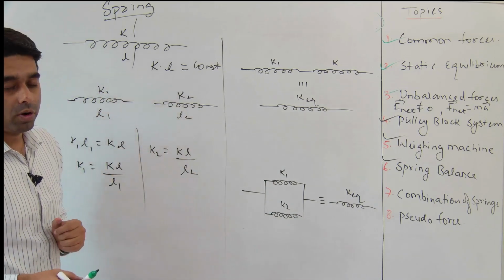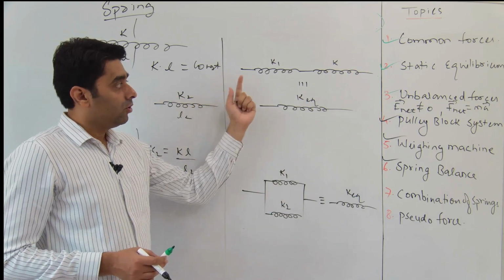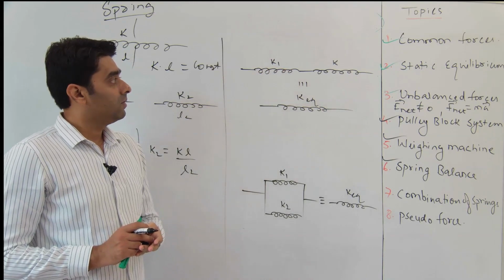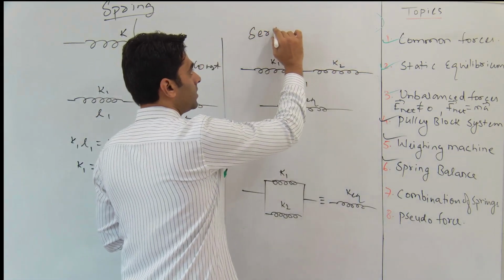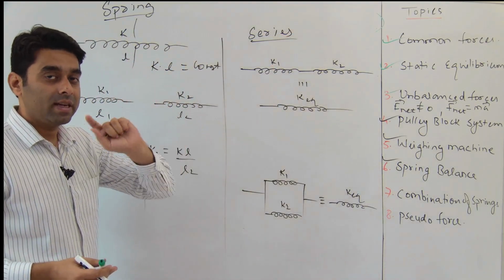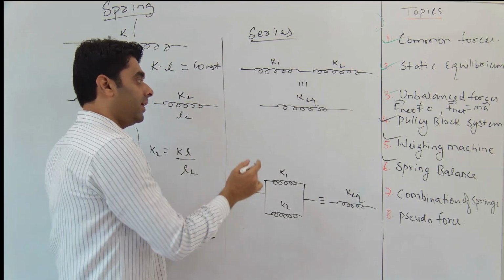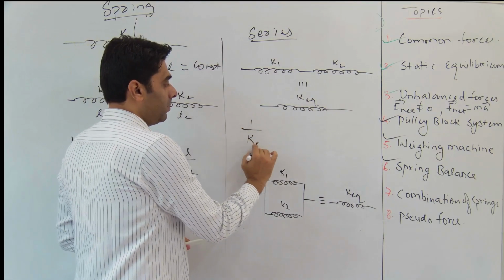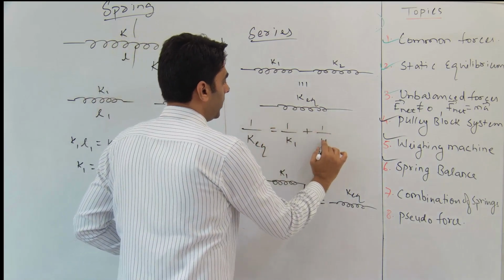Now, for combination of springs, suppose you have two springs with spring constants K1 and K2 combined in series. If we replace them with a single spring having spring constant K equivalent, the result is 1 by K equivalent equals 1 by K1 plus 1 by K2.